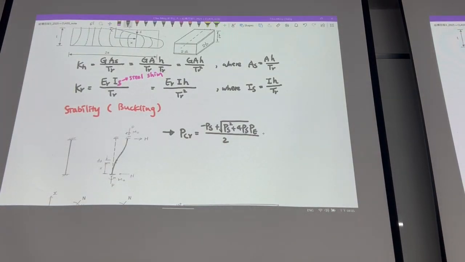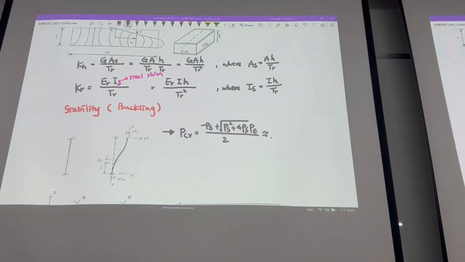And this will be simplified to this equation, because your PE is much greater than PS.